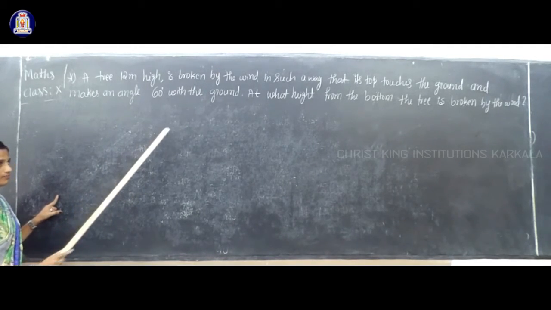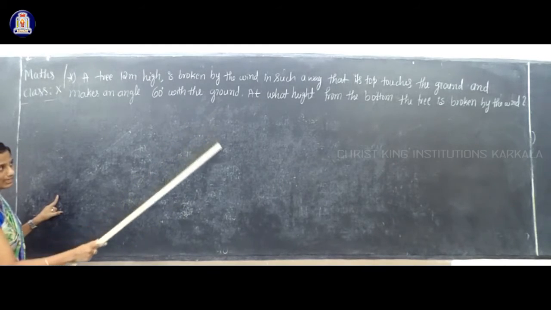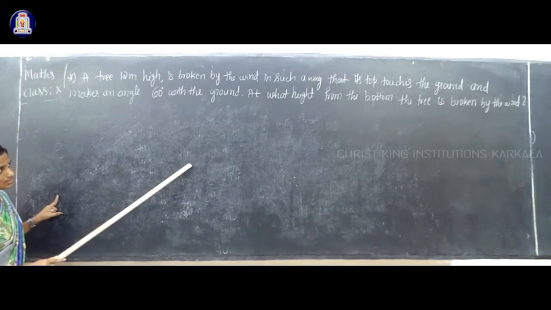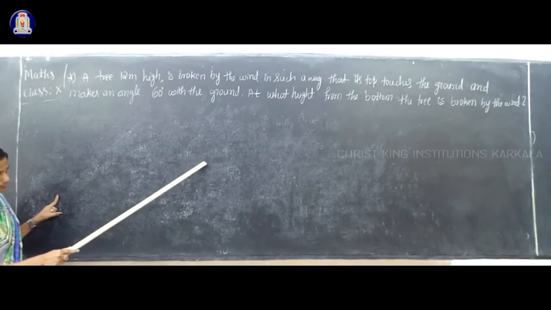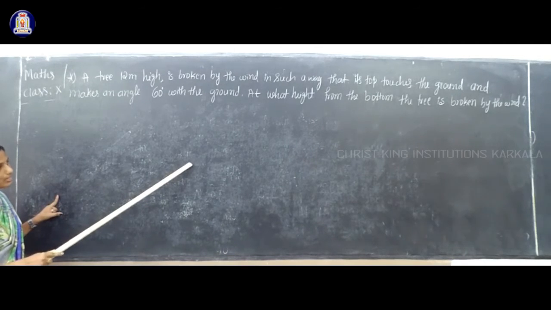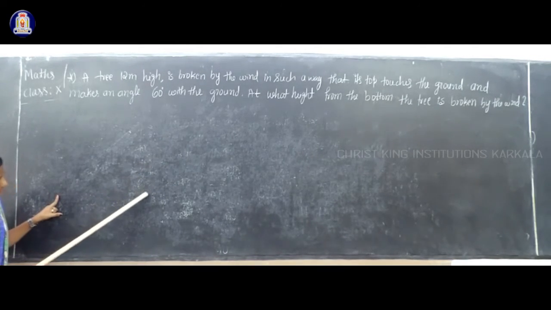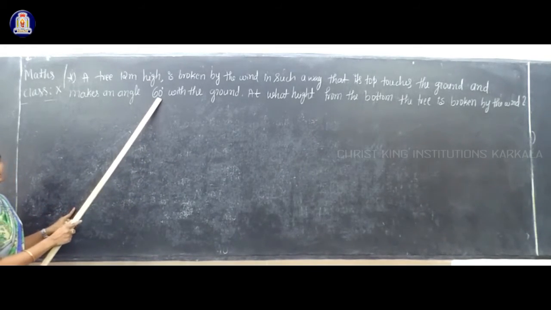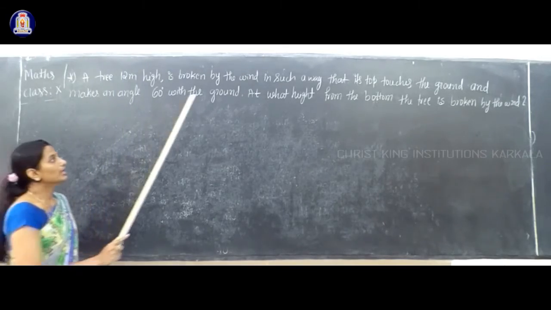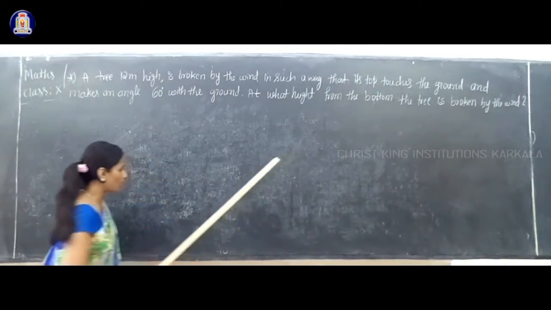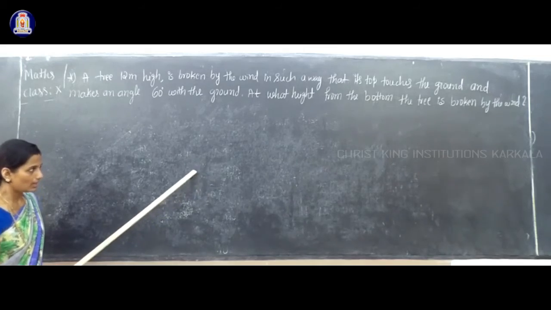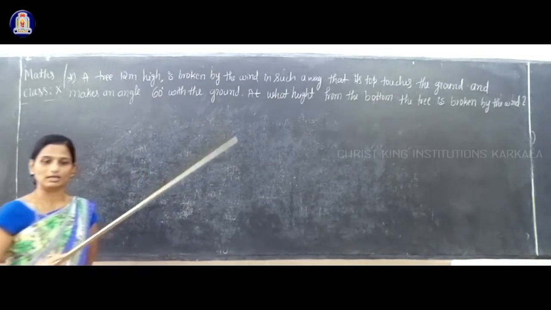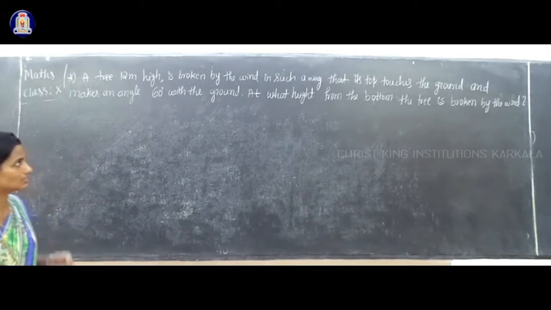There is one tree whose height is 12 meter. This tree is broken by the wind. Suppose it is broken at this point. The broken part touches the ground and makes an angle of 60 degree with the ground. At what height from the bottom is the tree broken by the wind? Listen, draw the figure.